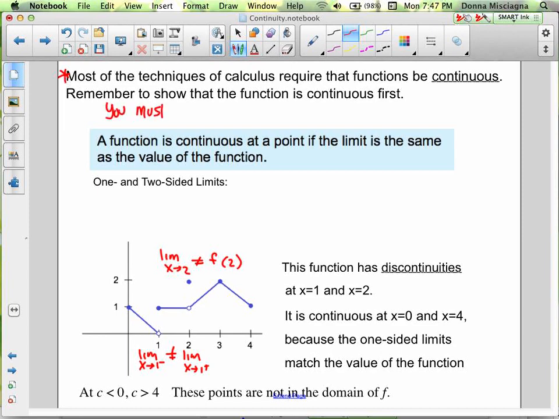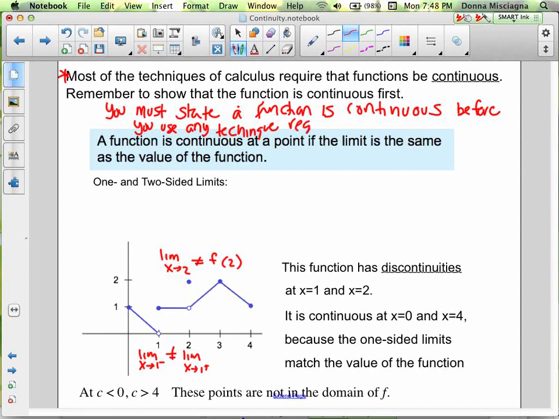And let's write this under here. You must state, and this will be true not just for AP, but we'll talk about AP right now, you must state a function is continuous, because I'll hold you to it too, as would any college class, before you use any technique requiring continuity.